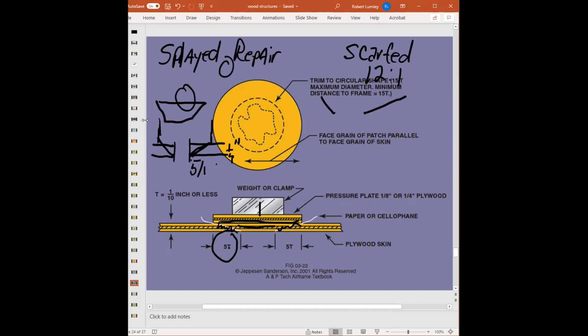When balsa wood is used to replace a damaged honeycomb core, the plug should be cut so that the grain is perpendicular to the skin. Like the composite project that we did with the honeycomb, the grain should be going the same as the honeycomb, meaning top to bottom.